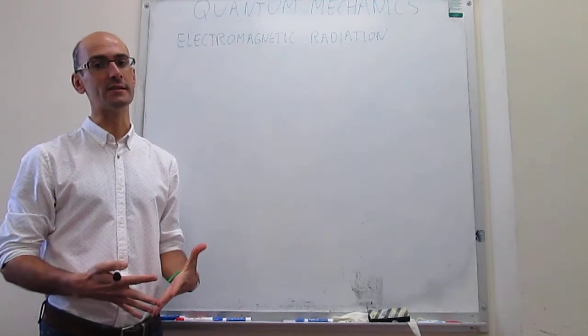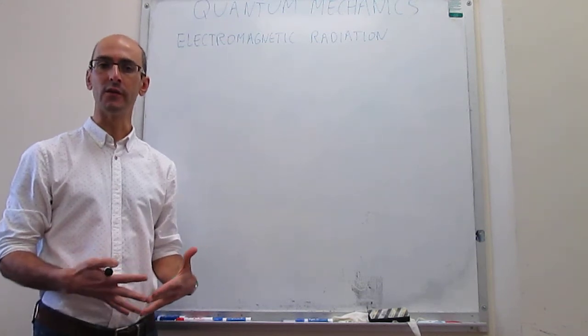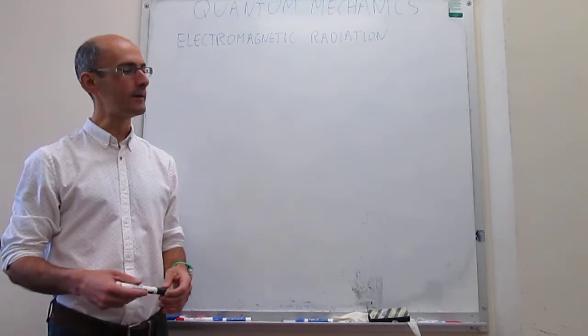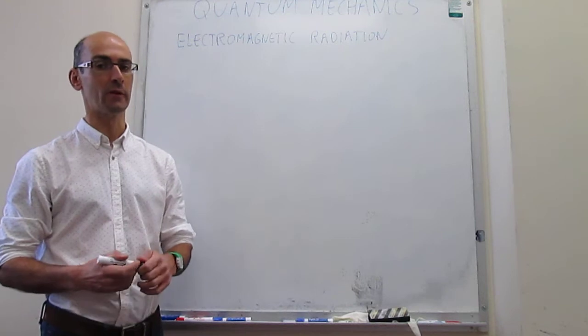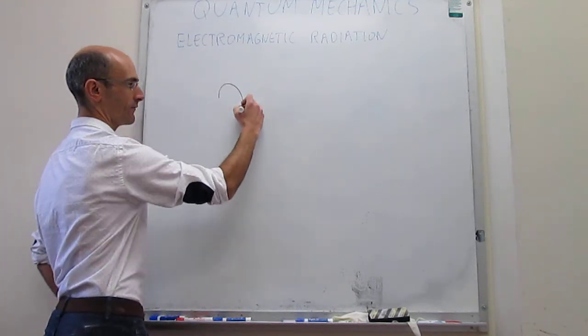Electromagnetic radiation is just another way to talk about radiation that is very well known to us, for example, visible light. It turns out that the way to envision what electromagnetic radiation is, is to assume that we actually have a propagating electric field.